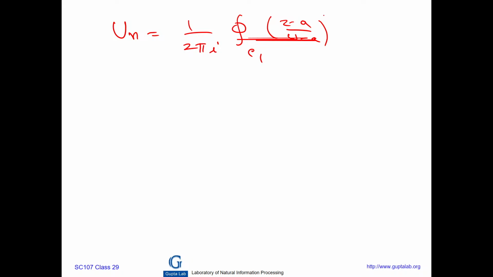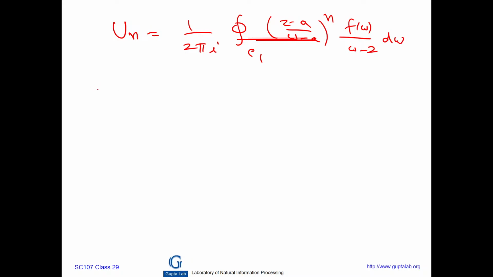So here un is actually 1 over 2 pi i, integration along C1, this quantity.